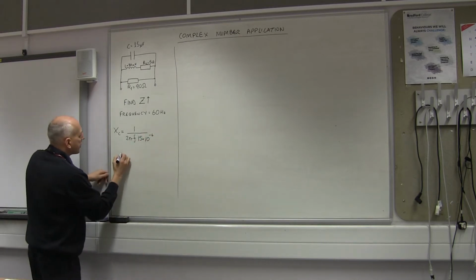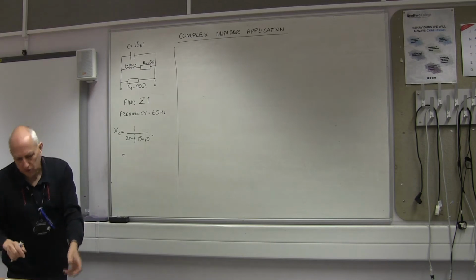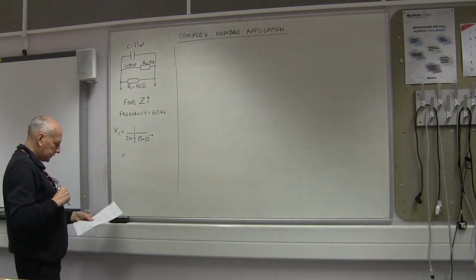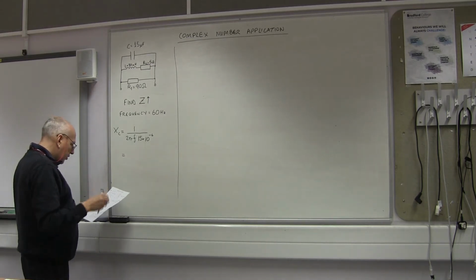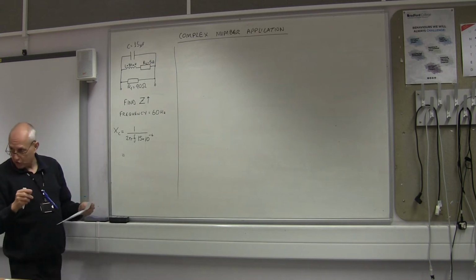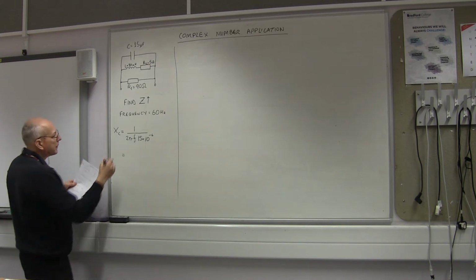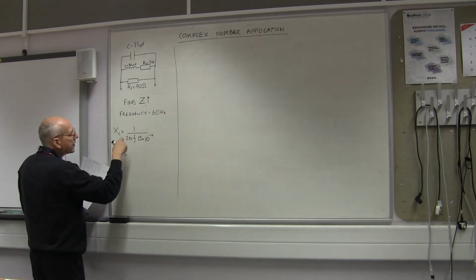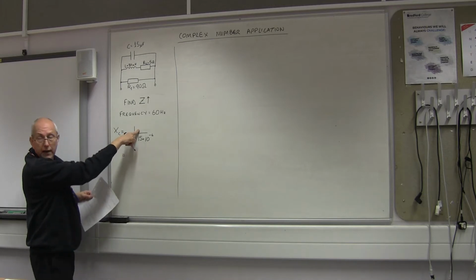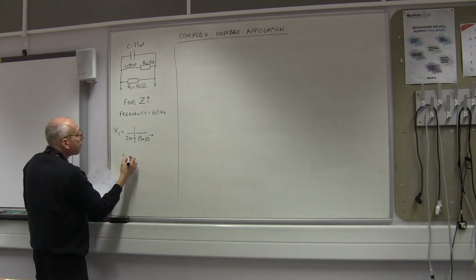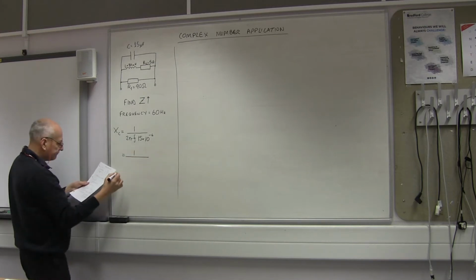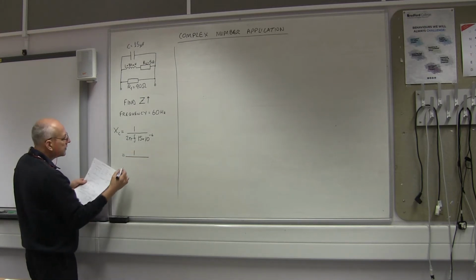If I just number crunch that, I get an answer. Now, I don't know if you'll follow this, because quite often it confuses people. I've only done the bottom part of the equation, so I've not done the inverted part, not dividing 1 by it, and I've done that for a crafty reason.